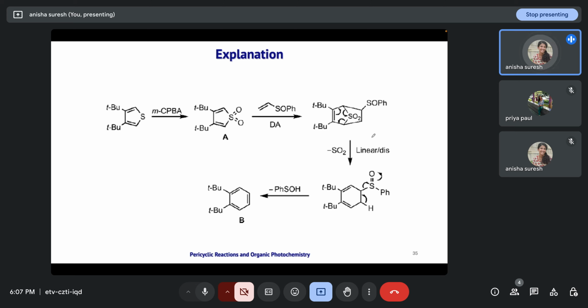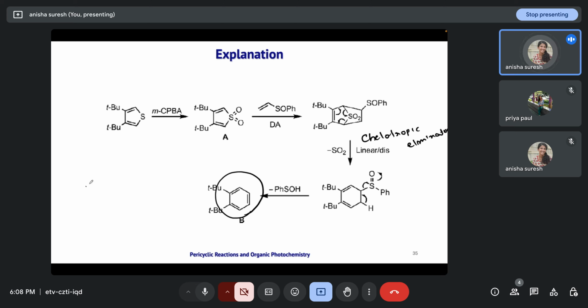Now it can undergo a chelotropic elimination, resulting in the formation of this substituted benzene. Okay, first this will be formed. Aromaticity should be regained. So for that, PhSOH will be getting removed.